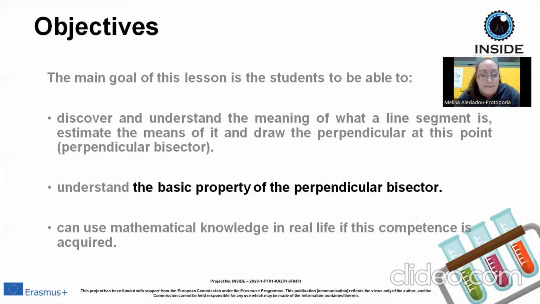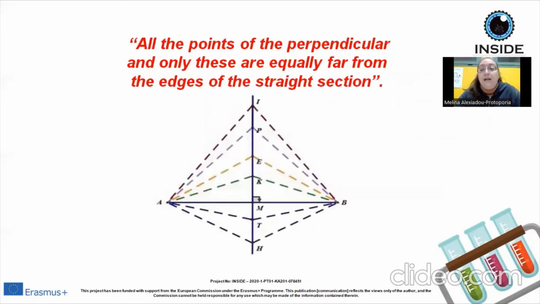So the basic theorem is that all points of the perpendicular bisector, and only these, are equally far from the edges of the straight section, as you can see here.